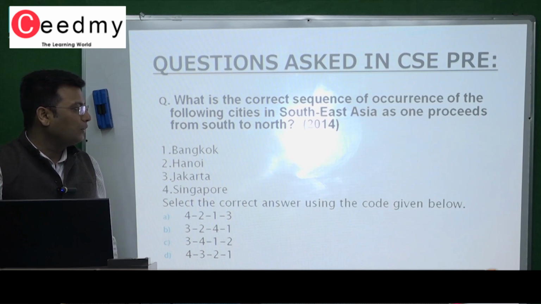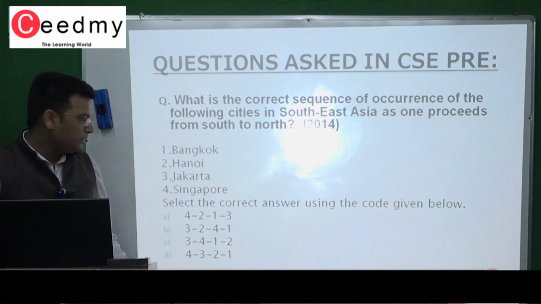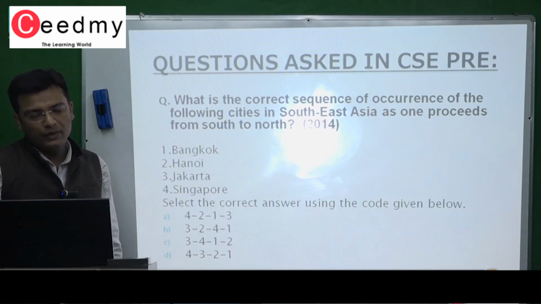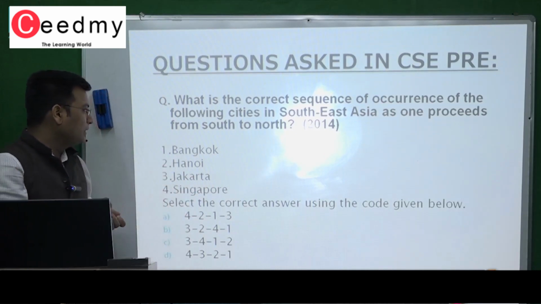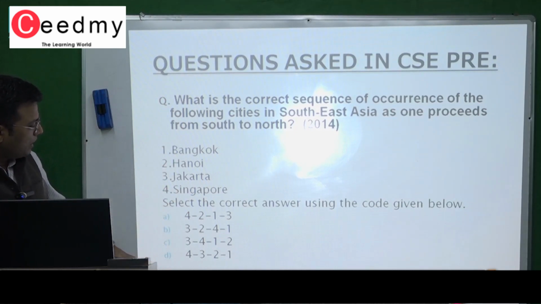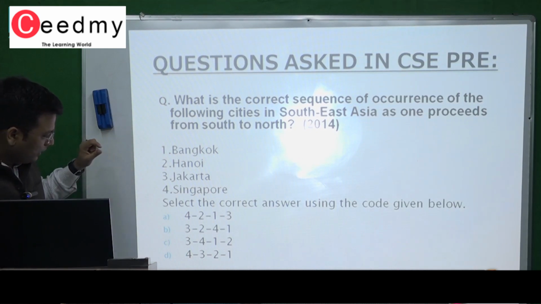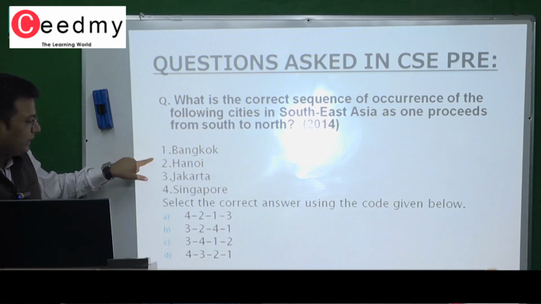Sequence from north to south in Southeast Asia: Bangkok, Thailand, Hanoi, Vietnam, Jakarta and Singapore. If we go from south to north, you will first find Jakarta, then Singapore, then Bangkok, and then Hanoi.